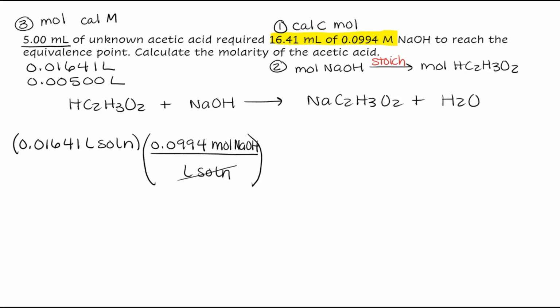So liters of solution will cancel. Next is our stoichiometry step. So we have 1 mole NaOH at the bottom of our conversion factor and 1 mole acetic acid at the top.